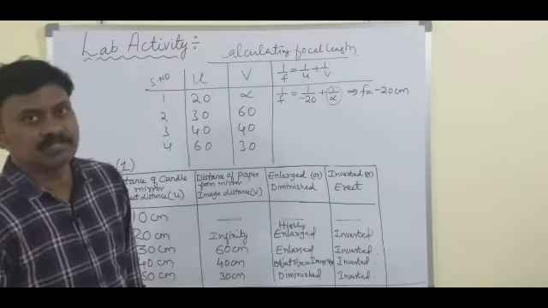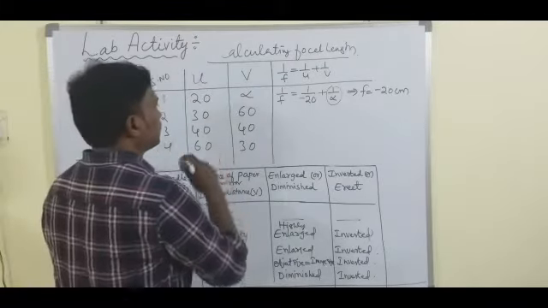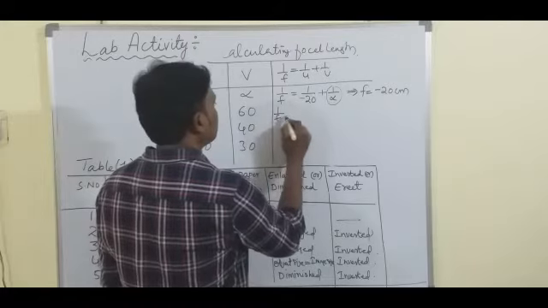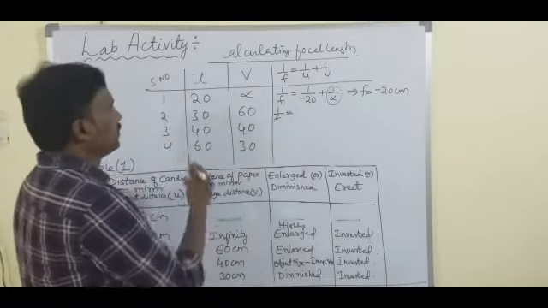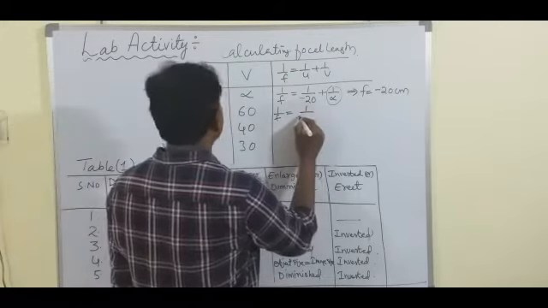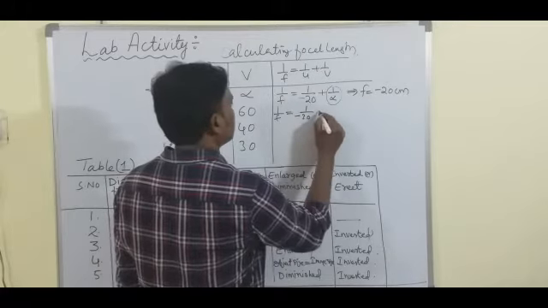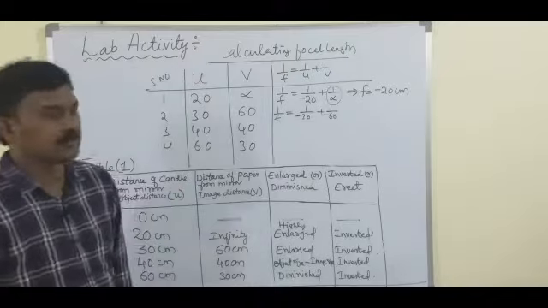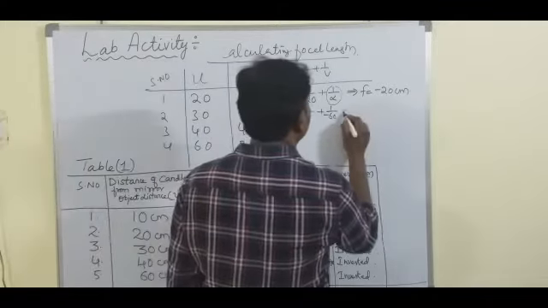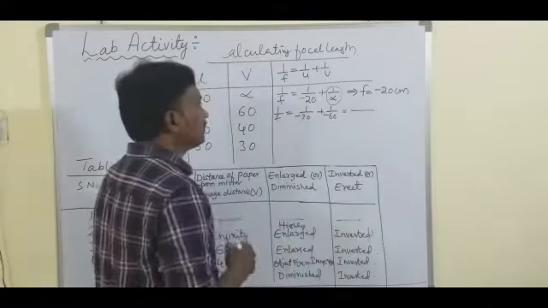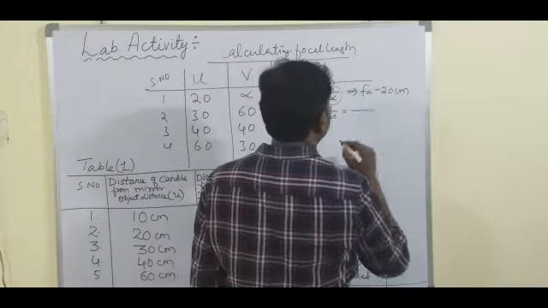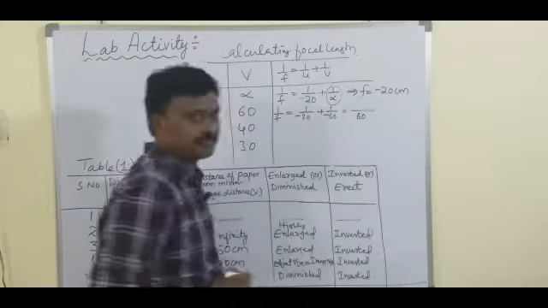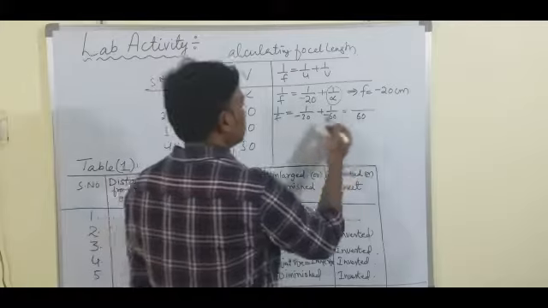Minus 20 centimeters. Now here 1 by f is equal to 1 by minus 30 plus 1 by minus 60. So you are getting LCM 60.